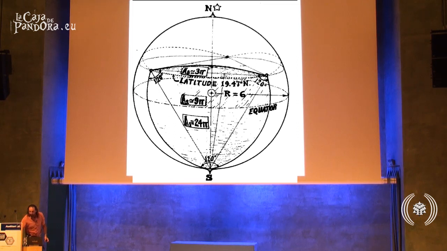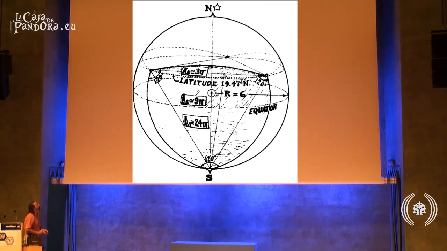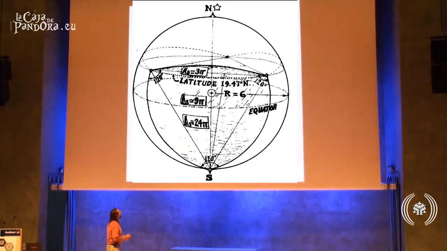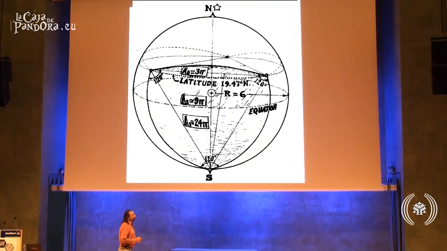So, let's see. That slide before, at the time, I was studying ancient civilization at the same time as I was studying physics. And I was looking for information about the geometry.